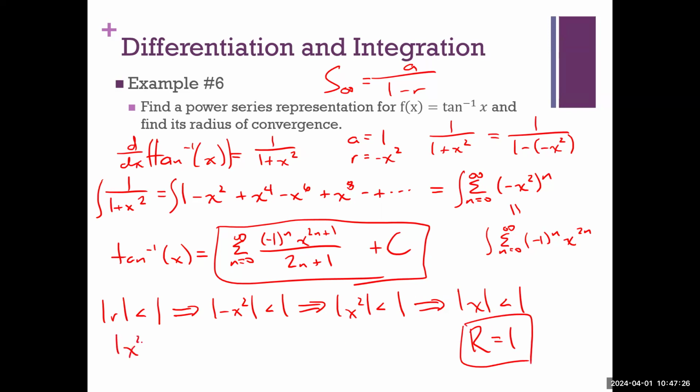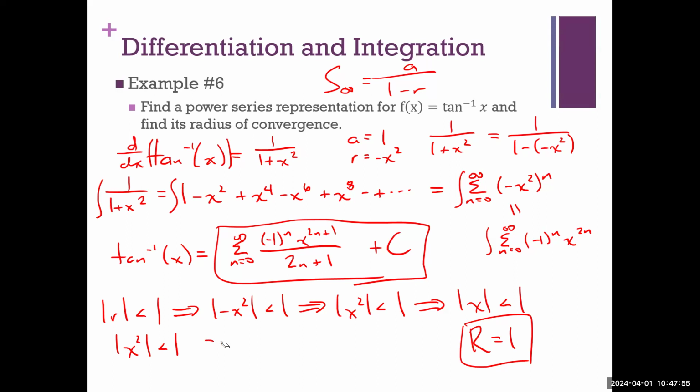Let's start with that. The absolute value of x squared is less than 1. What does the absolute value mean? Distance from 0, right? So I'm saying that the distance between x squared and 0 is less than 1.